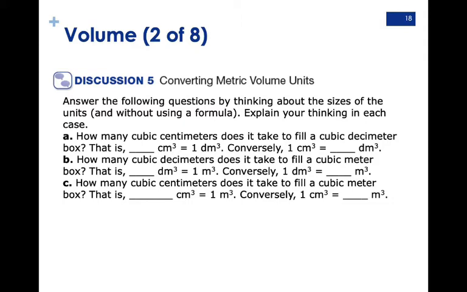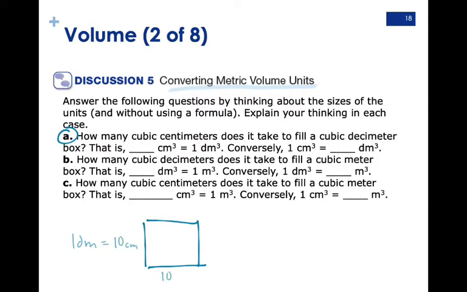So how could we convert here? How many cubic centimeters does it take to fill up a cubic decimeter? With the metric system, this makes it a lot nicer to convert from one into the other. So let's look at this first one. 1 decimeter is equal to 10 centimeters.